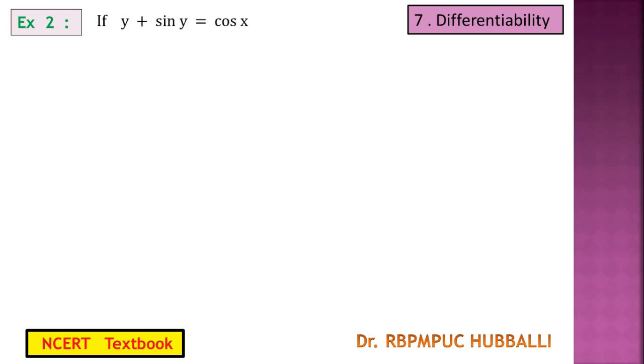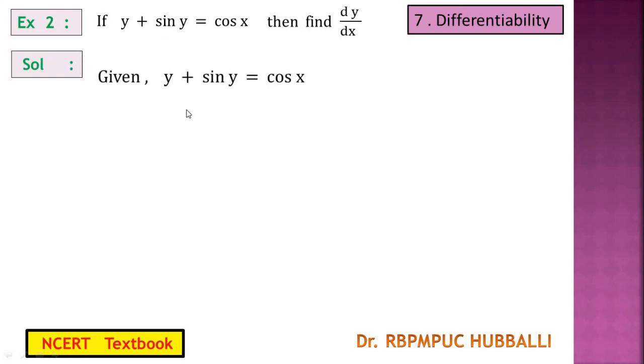If y plus sin y is equal to cos x, then find dy by dx. Okay, so this is also an implicit equation. First you write the given equation, y plus sin y is equal to cos x. Now differentiate this equation with respect to x.